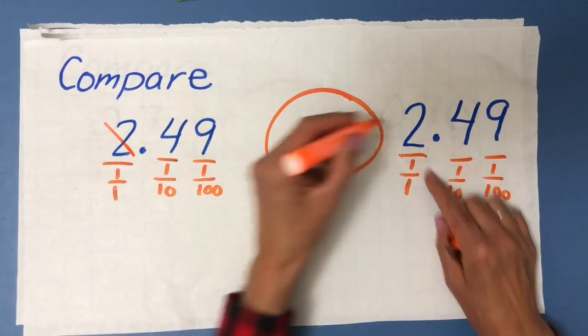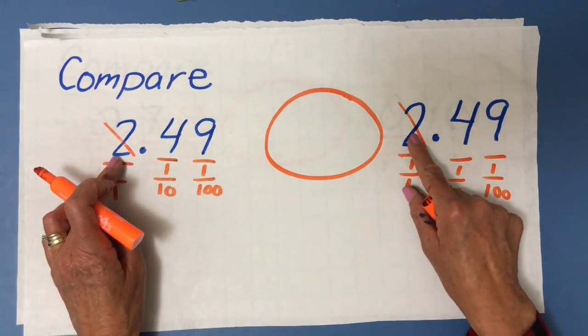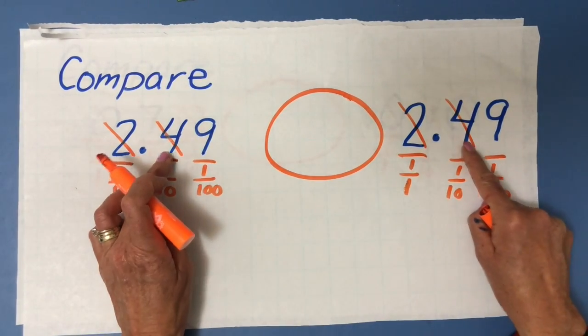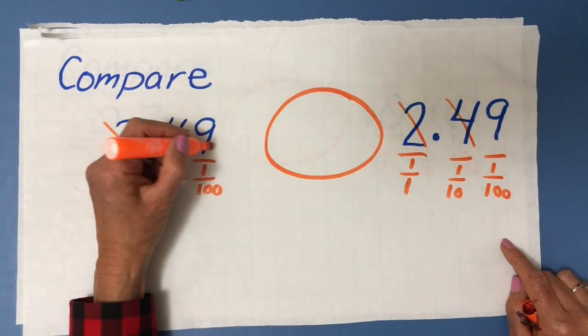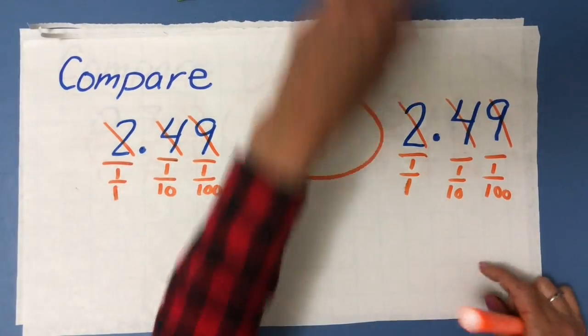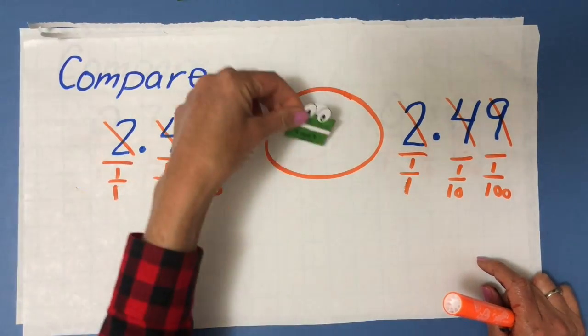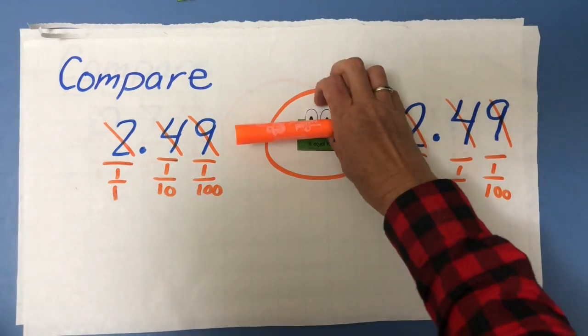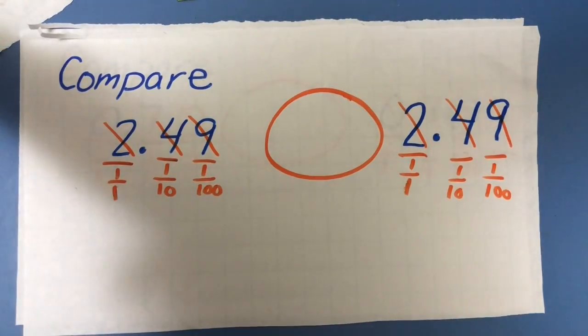The 2 in the ones place, same, same. The tenths place, a 4 in the tenths place, same, same. Well, the hundredths place, there's a 9 in the hundredths place here and here. So again, I know these are equal.